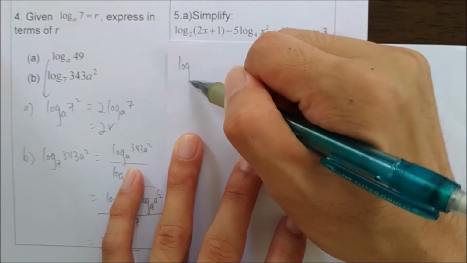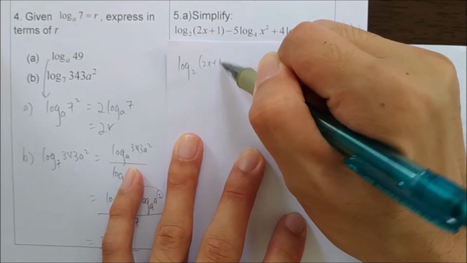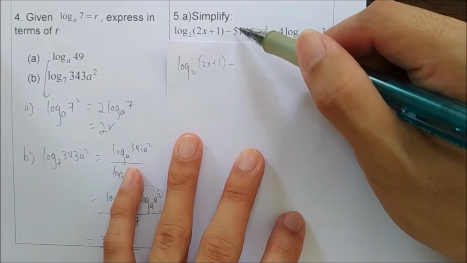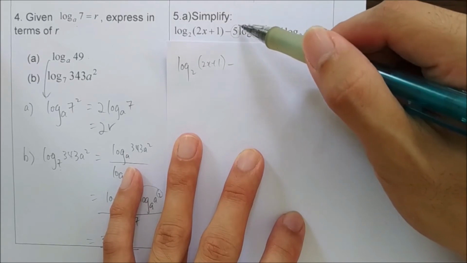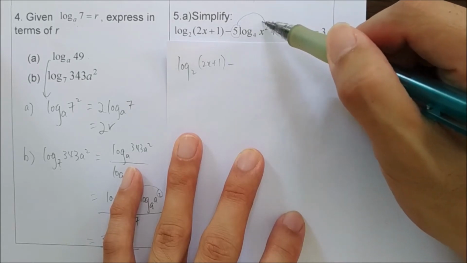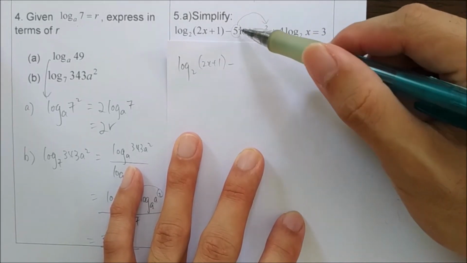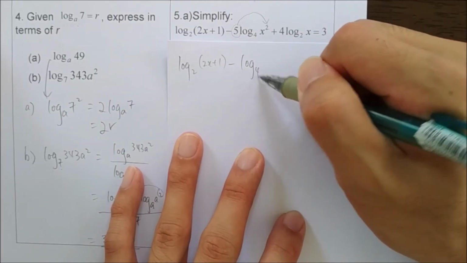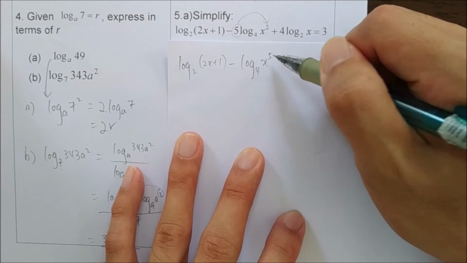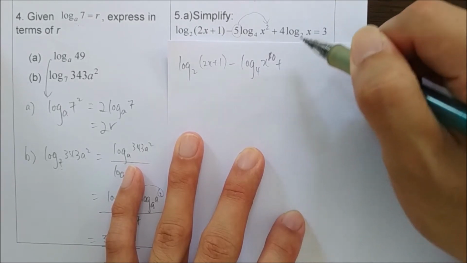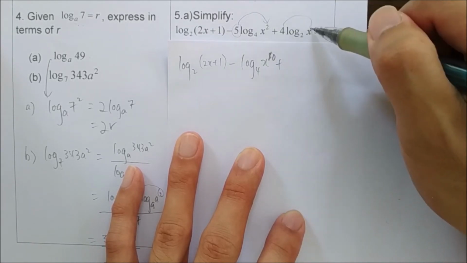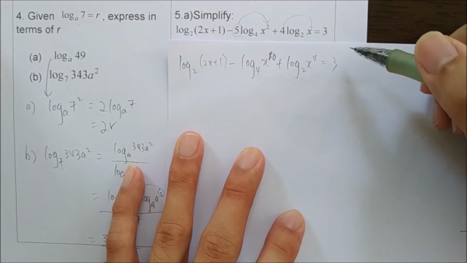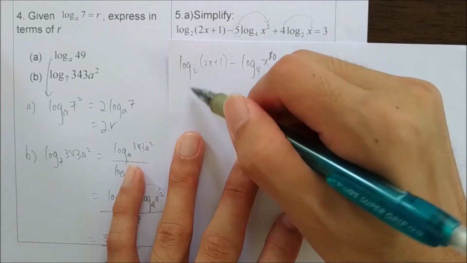Before we change this, it's better to use the power rule and bring this here. So it becomes 5 times 2, which is base 4 log of x to the power of 10. Plus this, I bring this forward here, and get base 2 log of x to the power of 4 equals 3.